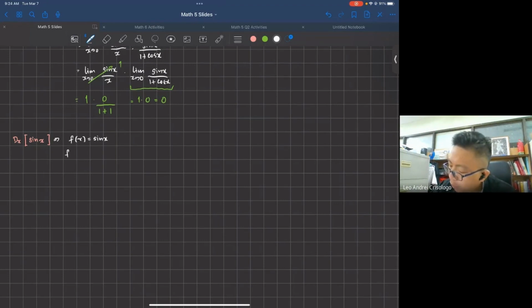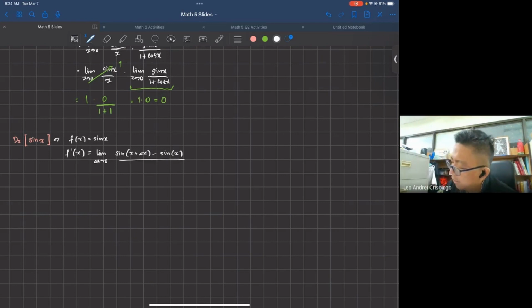So, when we look for the derivative of f of x, we will use the limit definition of the derivative. So, we'll use the limit as delta x approaches 0 of f of x plus delta x, no? So, sine of x plus delta x minus f of x or sine x.